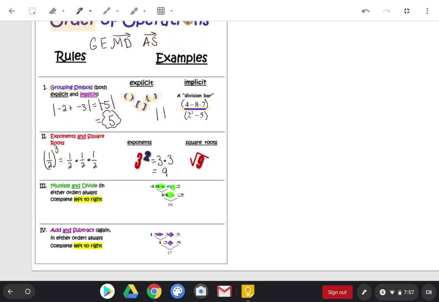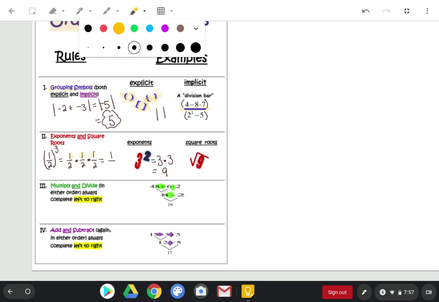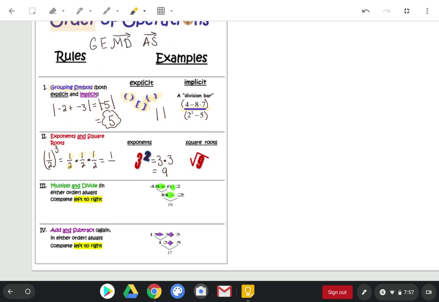So I have 1 times 1 times 1, which is equal to 1. And then I have 2 times 2, which is 4. And 4 times 2 is 8. So 1/2 to the third power would just be 1/8.